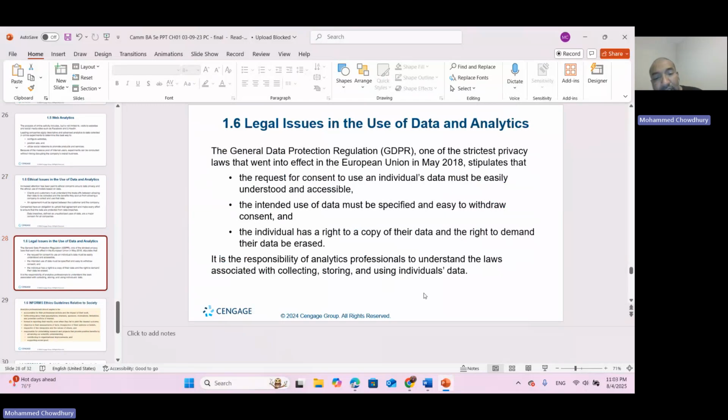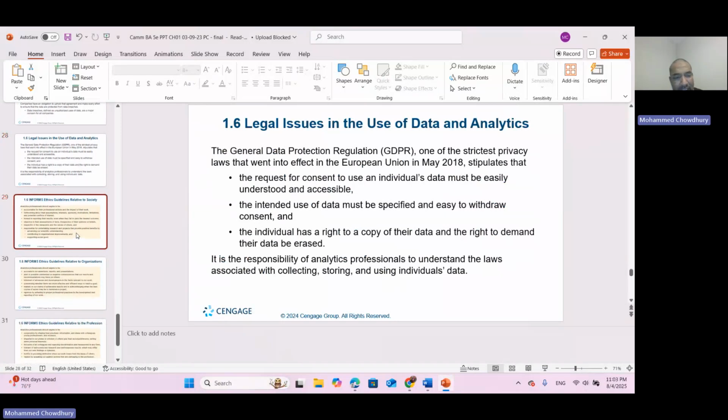The intended use of data must be specified, and it must be easy to withdraw consent, and the individual has a right to a copy of their data and the right to demand their data be erased. It is the responsibility of the analytics profession to understand the laws associated with collecting, storing, and using individual data.